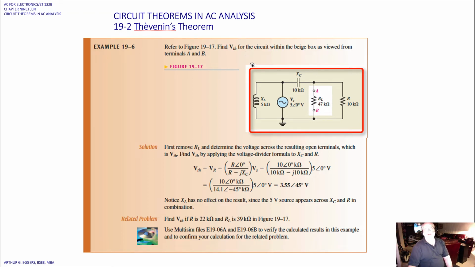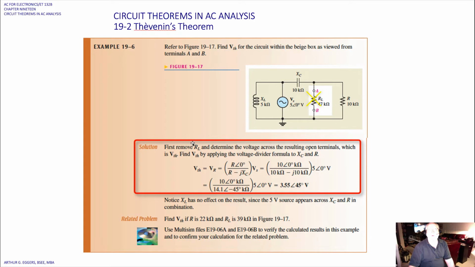So in this one they ask us to find the Thévenin voltage for the circuit within the box as viewed again between A and B. So first we remove the load resistor, R sub L, and determine the voltage across the resulting open terminals, which is V Thévenin. Find V Thévenin by applying the voltage divider formula to X sub C and R. And you'll notice X sub C, our capacitor, is already in its reactive terms.